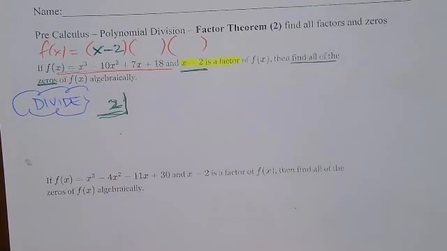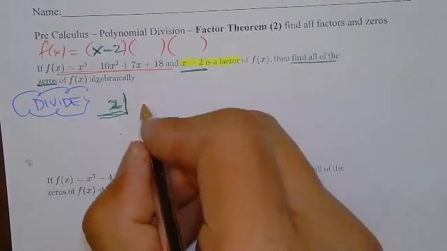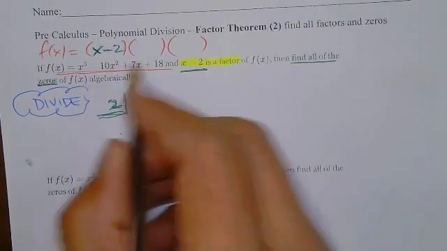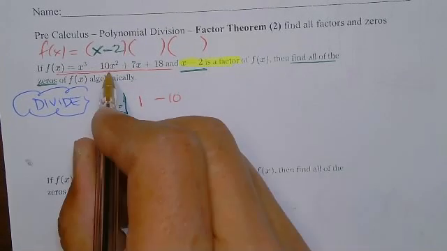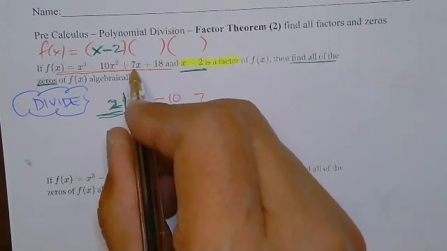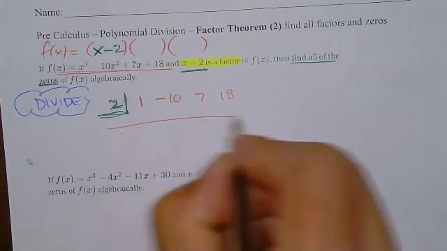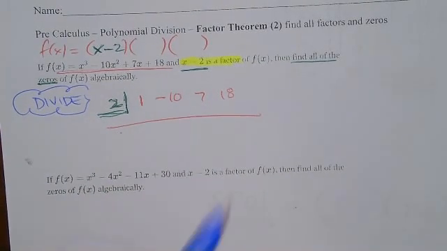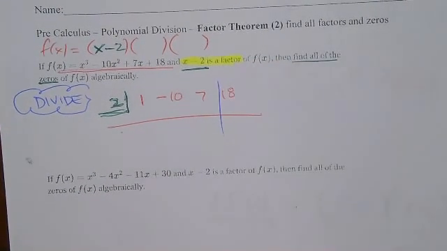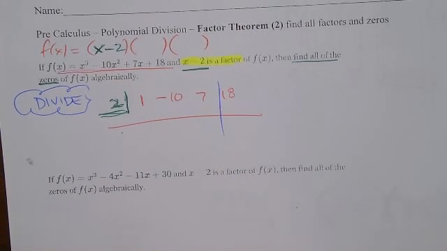And what are the coefficients in this function that they give us? 1 for the x cubed, negative 10 for the x squared, 7 for the x, and 18 for the number. Make sure there's no missing terms. You better know that you have to get a remainder of 0 or else something's not right, because it's a factor. I can divide into it. It should give me remainder 0.